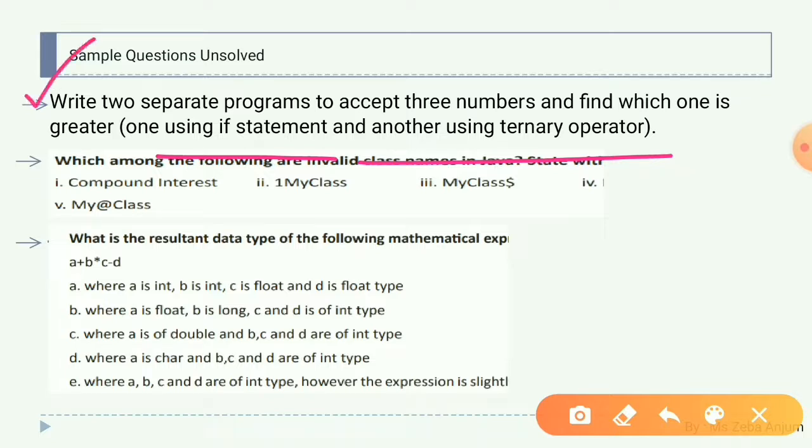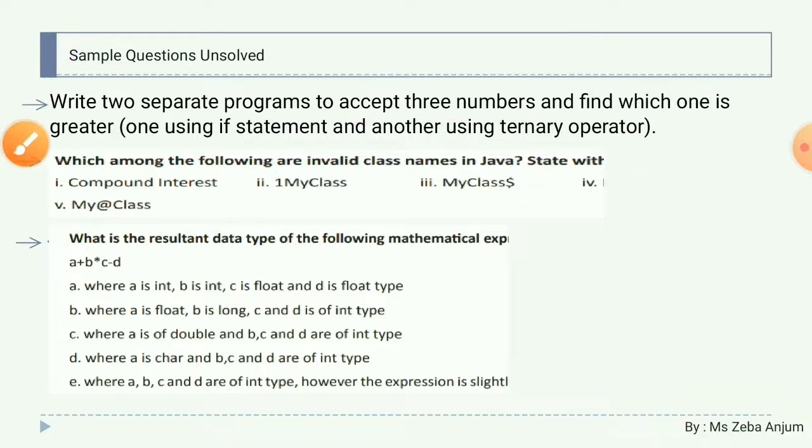This question is from your third unit, so you have to write two separate programs: the first to accept three numbers and find the greater one using if statement, and the other to accept three numbers and find the maximum using the ternary operator. So two programs for this question.